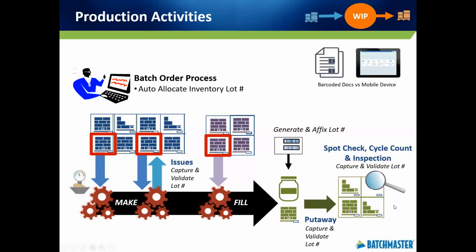Very similarly to the ingredients and packaging materials that we saw during the inbound process, we also can do spot checks, cycle counts, and inspection plans against those finished goods in inventory. And naturally we'll capture and validate that lot number information.